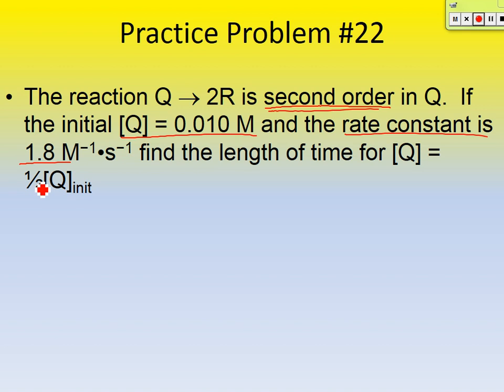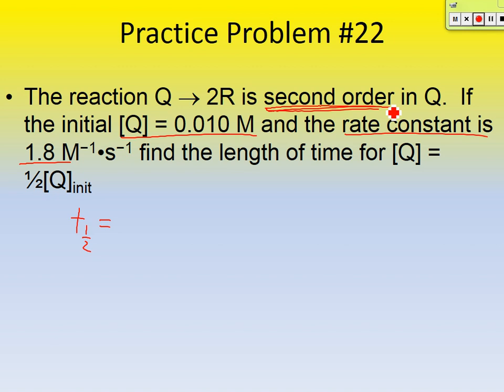Another way of saying that is, what are we calculating here? The amount of time for the final concentration to equal the half of the initial. Isn't this half-life? That just means half-life. The time it takes for the concentration to decrease by half. Now, this is a second order reaction, so I would get out your integrated rate law summary page, look at the second order reactions.